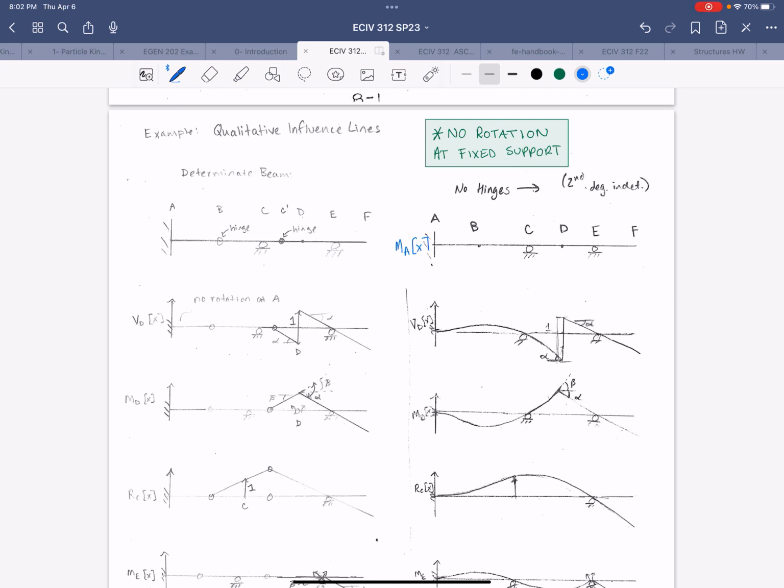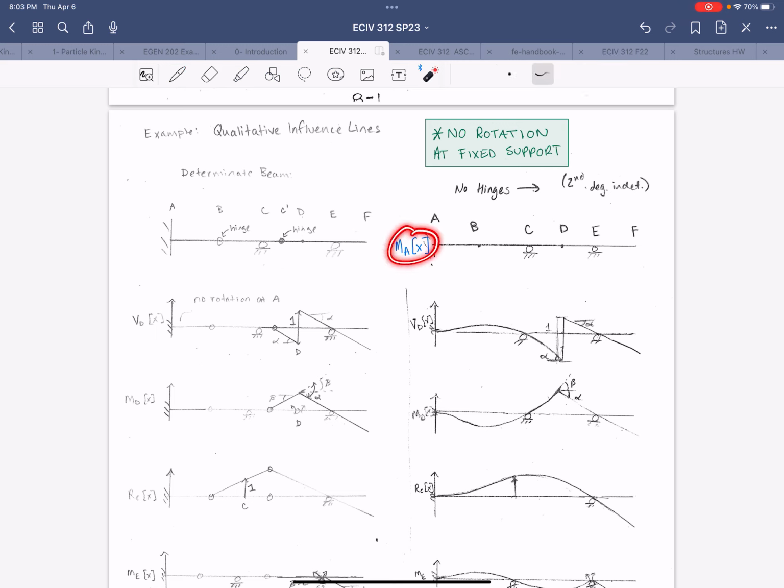If we're going to turn this sketch into the moment at A influence line, then what you do is effectively change that fixed support to a pin support. That's the same thing as adding a hinge to the fixed support. You're just taking away the ability of that support to resist rotation. So we're changing it to a pin and then forcing it through a unit rotation.